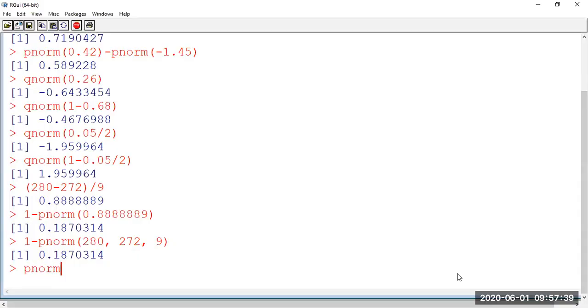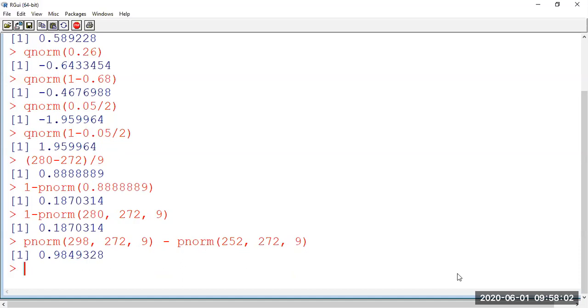That is the simplest way because you don't need to compute any z-score. So you just write the upper value, the mean of the population, the standard deviation, and then you subtract pnorm of the lower value 252. Again, the same mean and the same standard deviation.